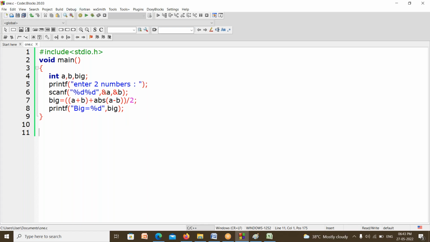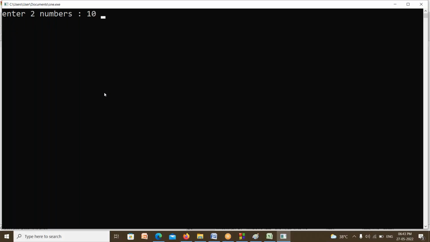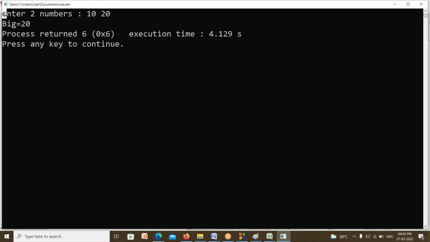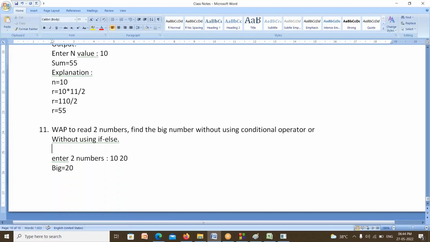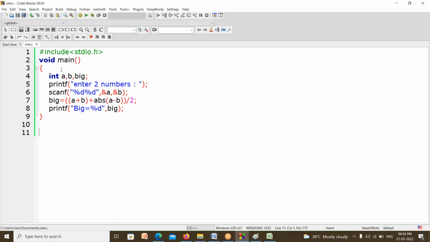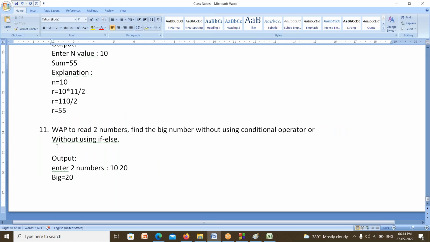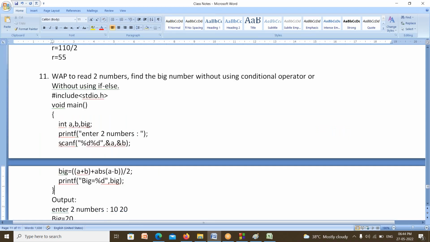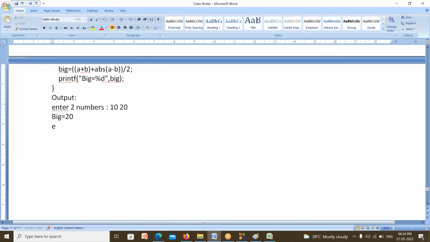Now execute this program. First number is 10. Second number is 20. What is the big number? 20 is the big number. Big equal to 20. Got it? Yes, we got it. Now, what is the formula? How is it working? I will explain to you. So note down this program first. Right. I will give the explanation.